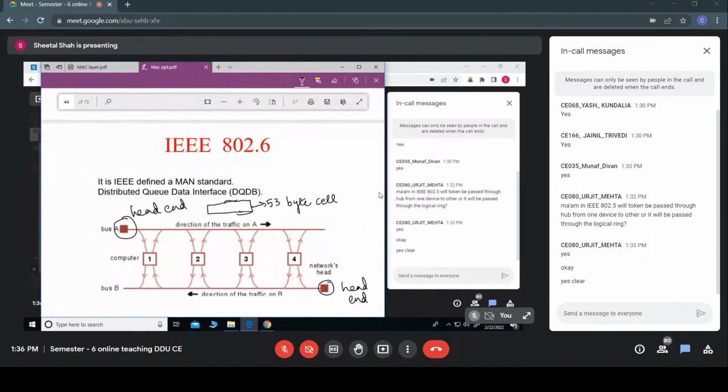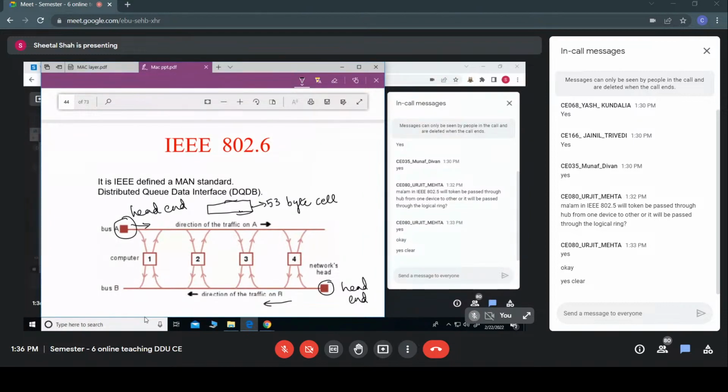The 53 byte frame is generated, and it would pass that frame in this direction of the bus. Similarly, the other head end would also generate a 53 byte cell and send it in the other direction.